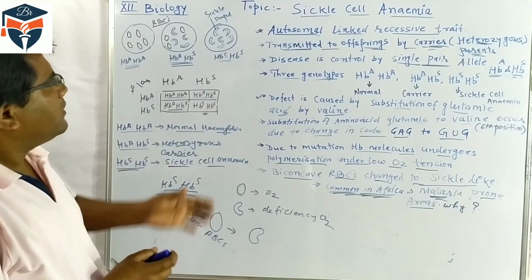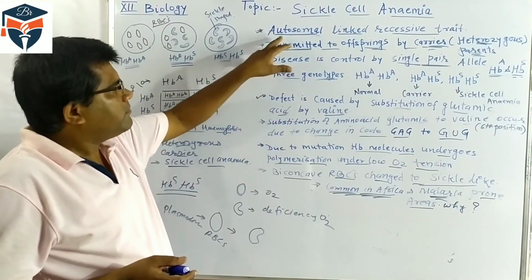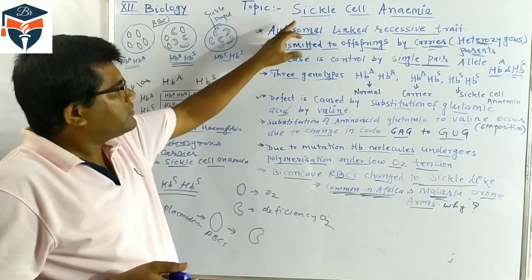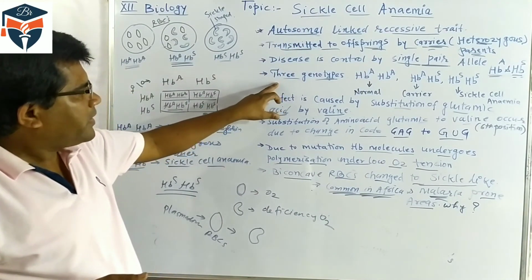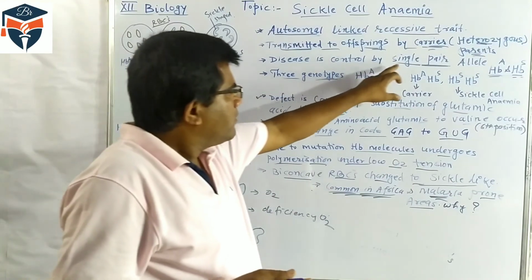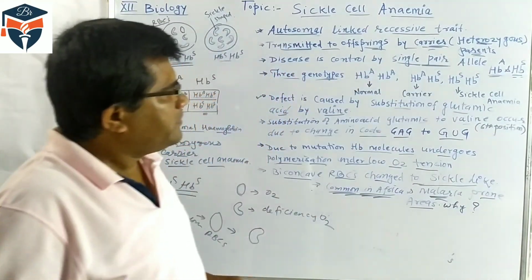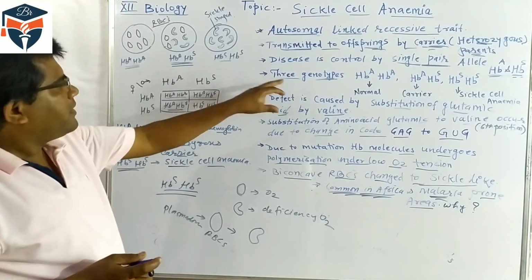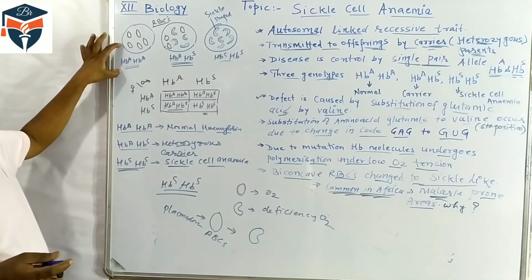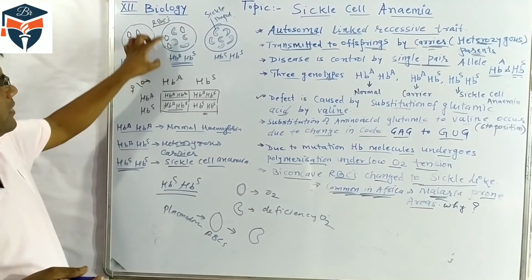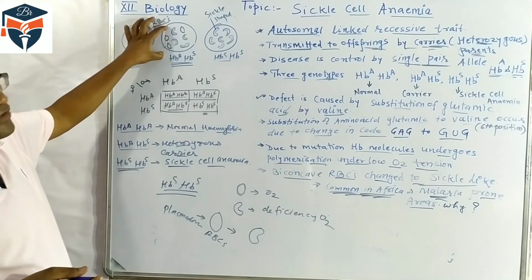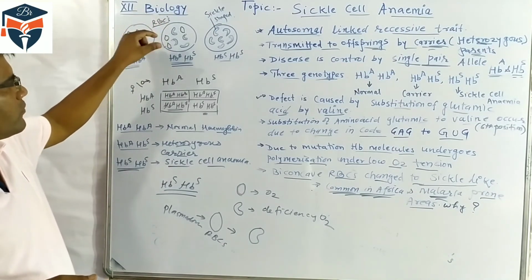So here we must remember that sickle cell anemia is a genetic disorder caused by a single pair of alleles, HBA and HBS, with three types of genotype. The normal person is HBA, HBA, and all RBCs are normal. HBA, HBS has some RBCs normal and some sickle cell.